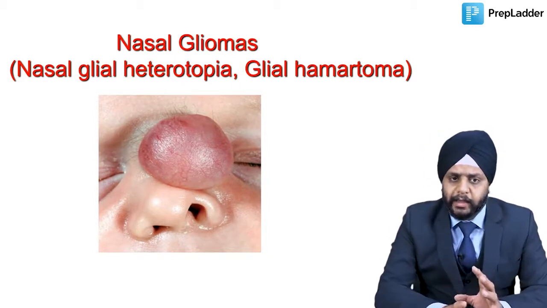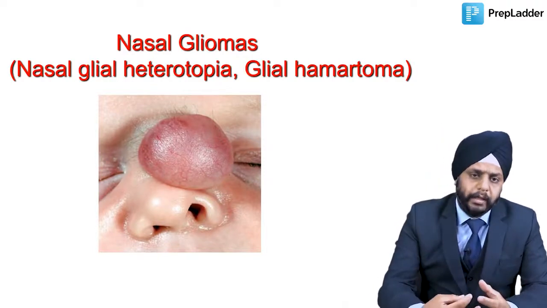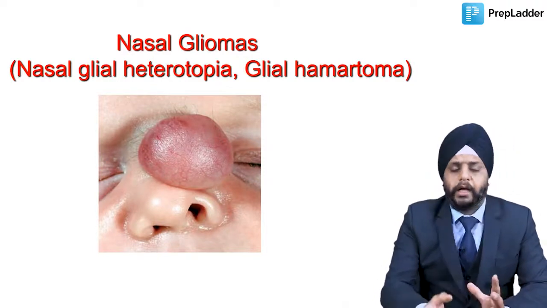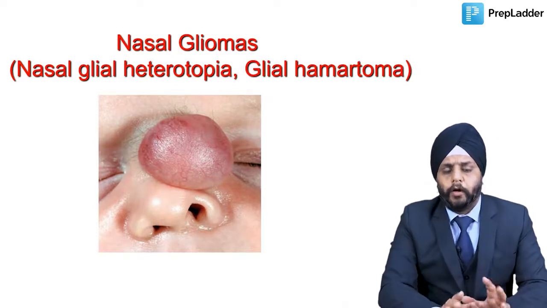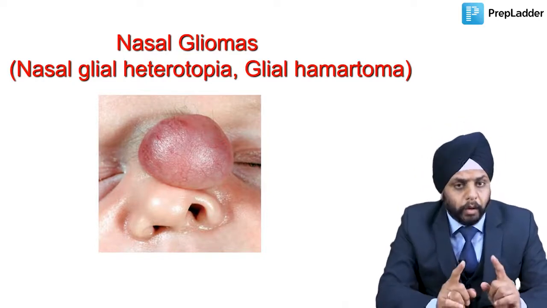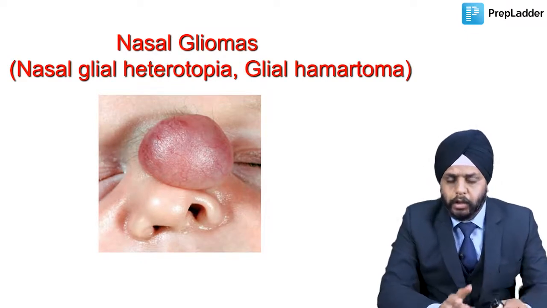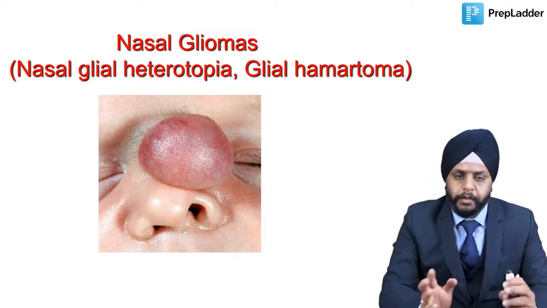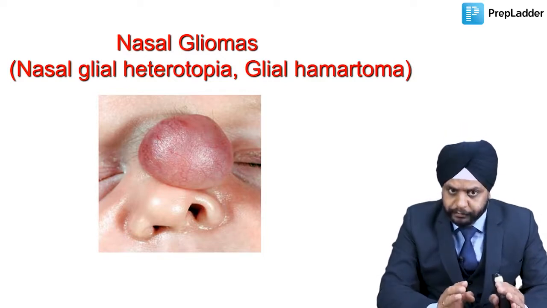These nasal gliomas have brain tissue, but they have separated away from the cranial cavity. That means they do not have any communication with the cranial cavity. So, these swellings are non-compressible, and therefore Furstenberg test will also be negative.